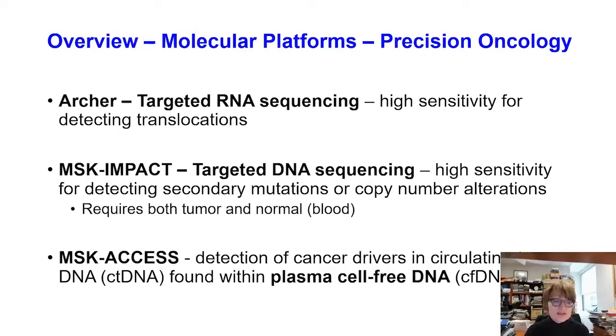The second method is the MSK-IMPACT, which is a platform which is best for picking up mutations and copy number alterations. And the last platform is the MSK-ACCESS, which is another sequencing platform that identifies cancer drivers in circulating tumor DNA that is found in the plasma cell-free DNA.